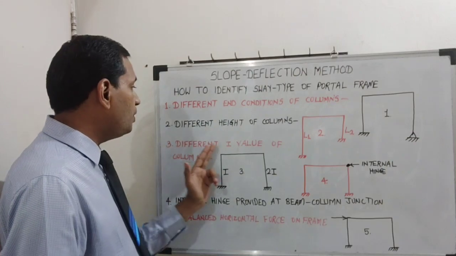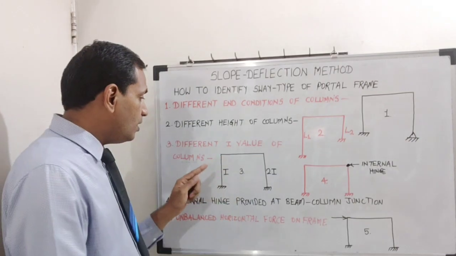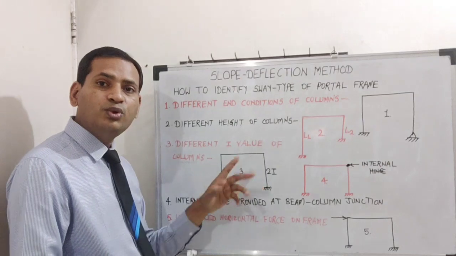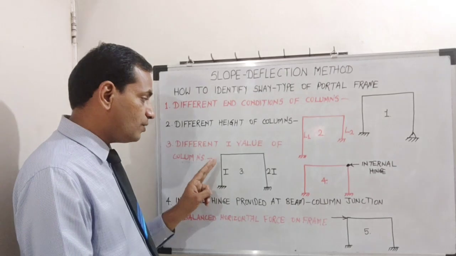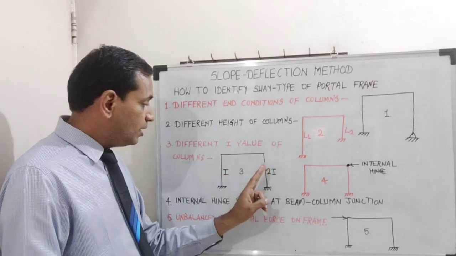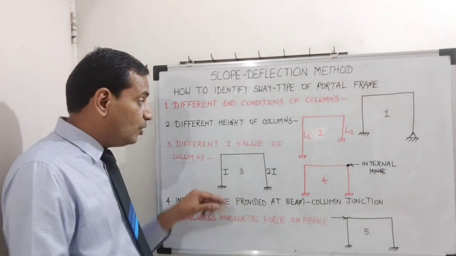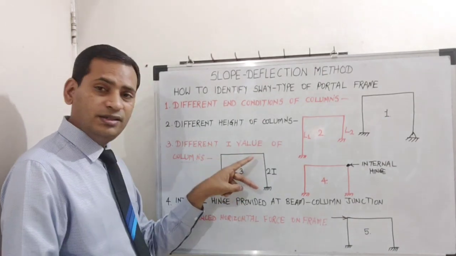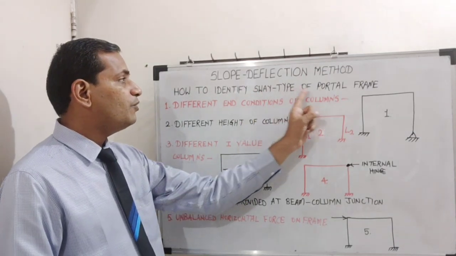Third, different I value of columns, meaning the cross-sectional dimensions B into D of the two columns are different. Even if both columns are of the same height, the end conditions are the same, and the loading is symmetric, if the columns are of different cross-sectional area, that frame will be a sway type of portal frame.